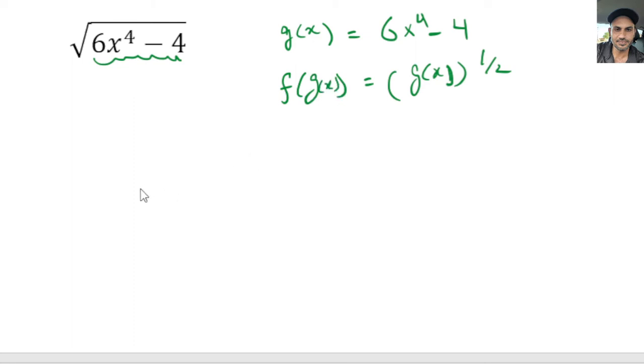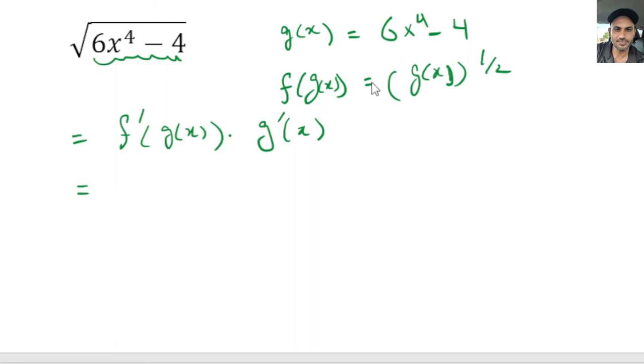All right. Now let's go ahead and write the derivative form. So it's going to be f prime of g of x times g prime of x. Okay, this is the derivative using the chain rule method.